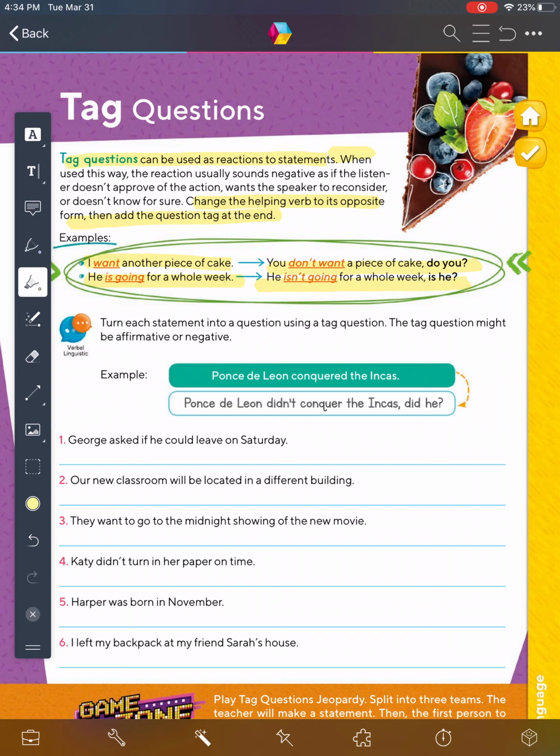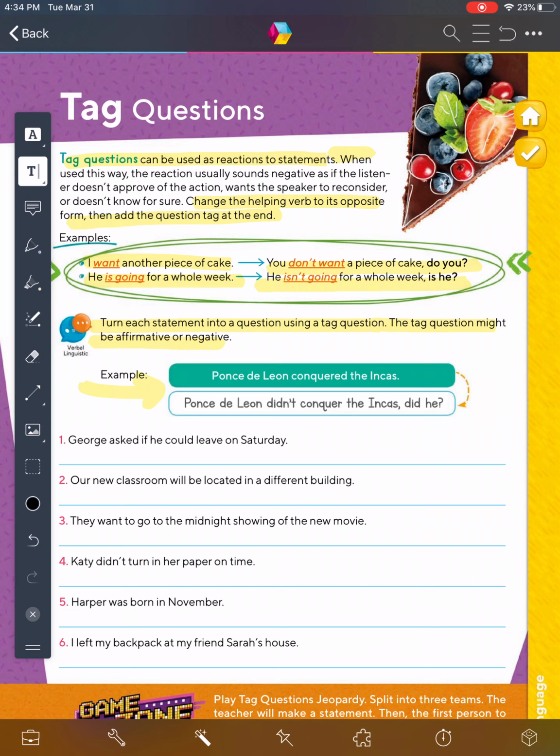So we're going to turn each statement into a question using a tag question. Remember that the tag question might be affirmative or negative, as in the example we have over here, okay? Now, let's do the first one together. It says, George asked if he could leave on Saturday. So the first thing we have to do is to change the statement into the opposite form.